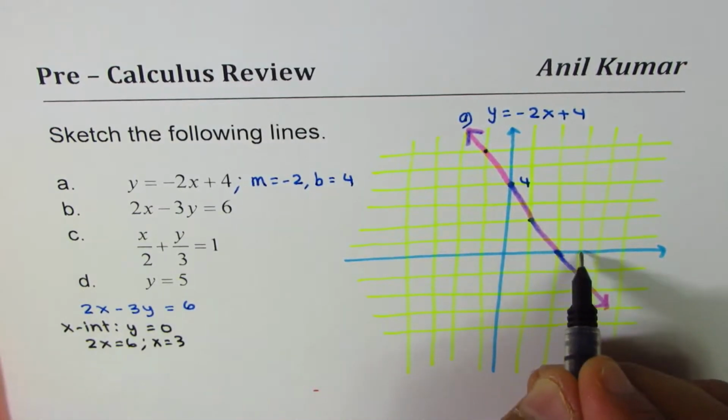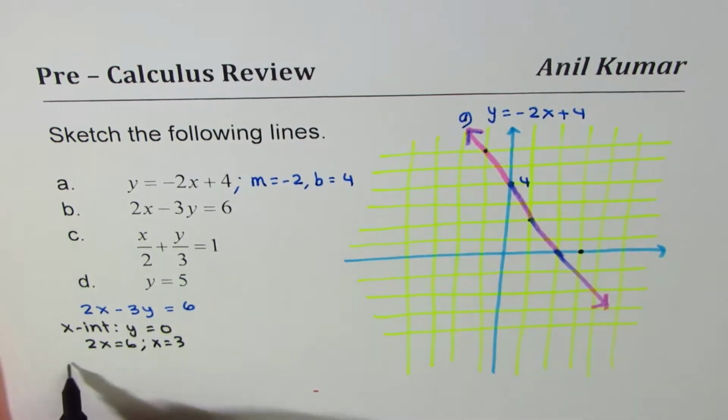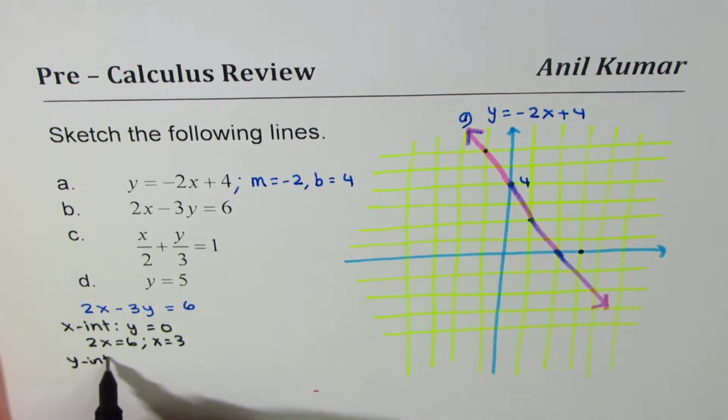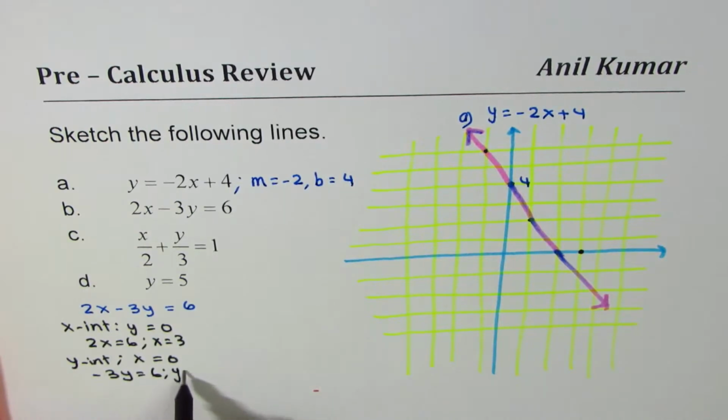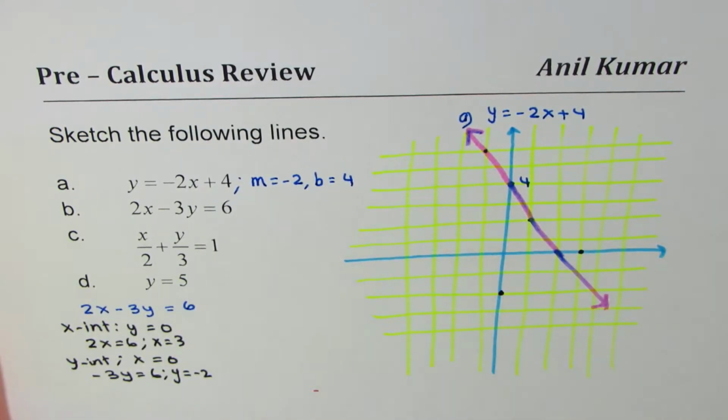So 1, 2, 3, that is my x-intercept. We can also find the y-intercept by substituting x as 0. If I put x as 0, I get minus 3y equals 6, and that gives me y equals minus 2, right? Dividing 6 by minus 3, so minus 2 is right there.